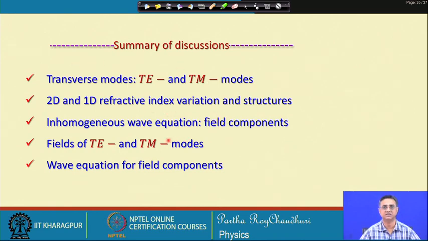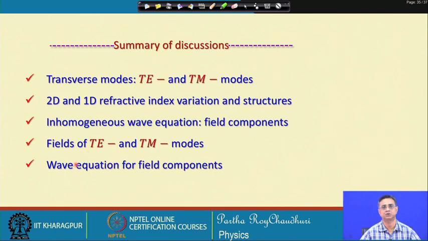In this discussion, to just begin with, we have talked about the TE and TM modes and how they are related to the TE and TM polarized waves, 2 dimensional and 1 dimensional refractive index variation, and the structures involved, and some examples also, the inhomogeneous wave equation, and then the field components related to that, the fields of TE and TM modes.